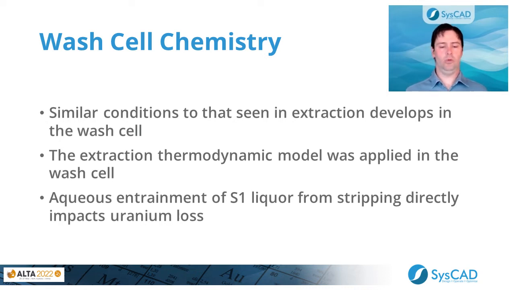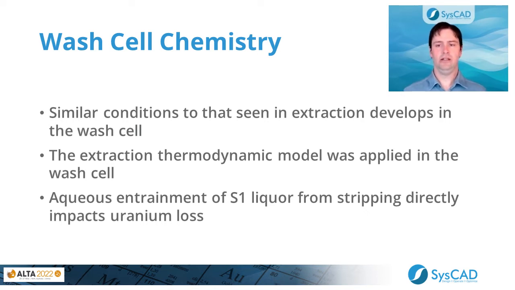Now we look at the wash cell chemistry. The wash cell chemistry is actually very similar to extraction. And the reason for that, and we're going to talk about it a bit when we show the process flow diagram, is that in the wash cell, you add water to the organic that came off stripping, which has a lot of acid in it.